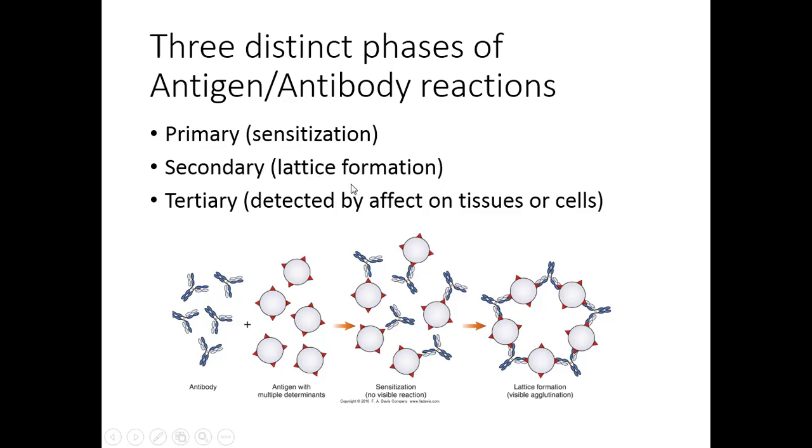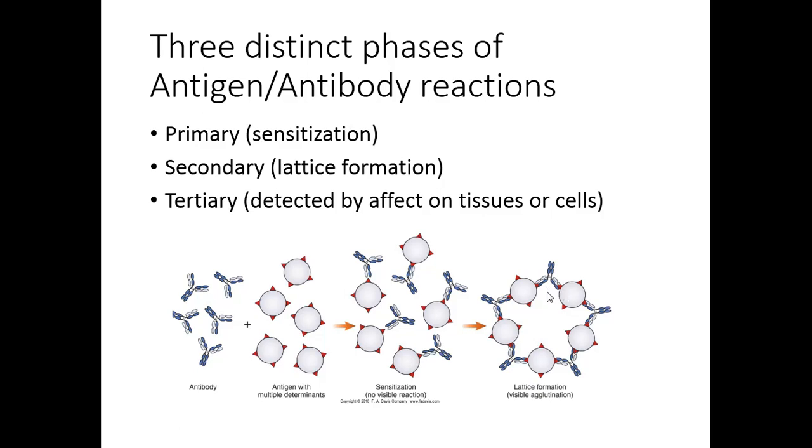It's almost like a little lacy formation, and this is a really simplified version that we see in our text, where one antibody can bind two epitopes on two different antigens. So this one antibody binds to an epitope on this antigen and an epitope on that antigen.